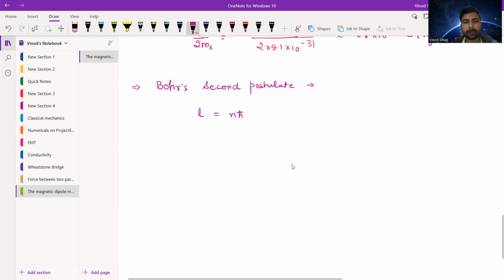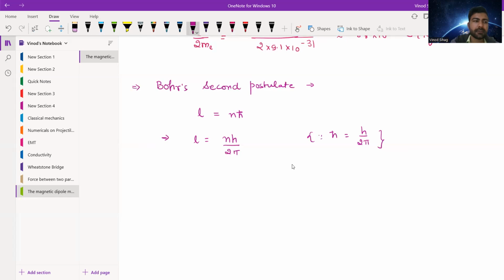or we can write L equals n h upon 2 pi, because we know that the value of h cut is h upon 2 pi.